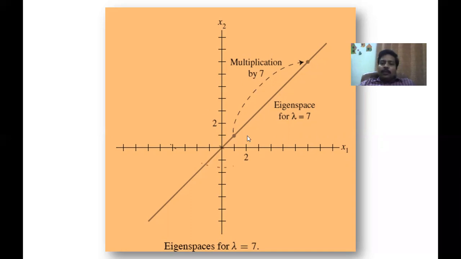So any multiple of (1, 1), that is, any vector on this line passing through the origin, is an eigenvector, and each vector will be 7 times itself after multiplying with A. So this is the eigenspace. All the vectors on this line form the eigenspace for lambda equal to 7.